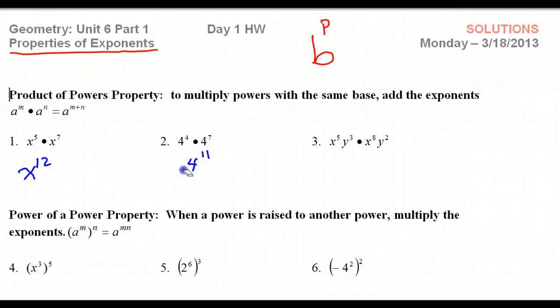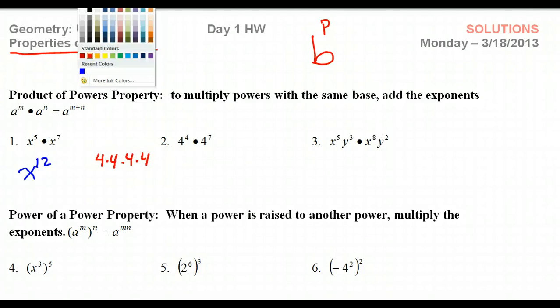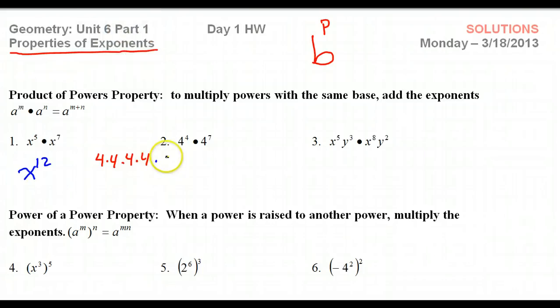Alright, one more time. I think it might help you understand that if you understand that 4 to the 4th power means 4 times 4 times 4 times 4. And then 4 to the 7th power means 1, 2, 3, 4, 5, 6, 7.